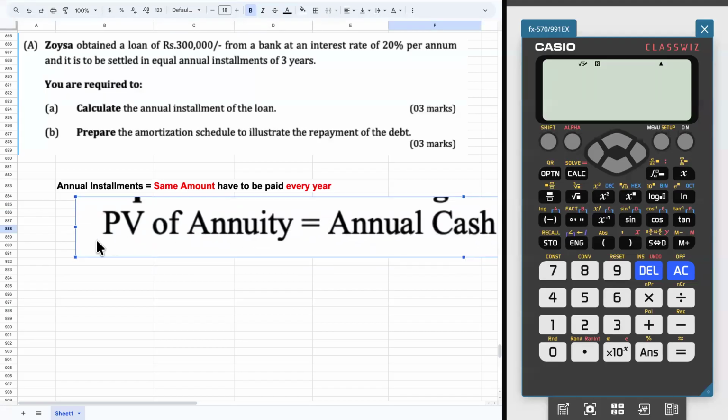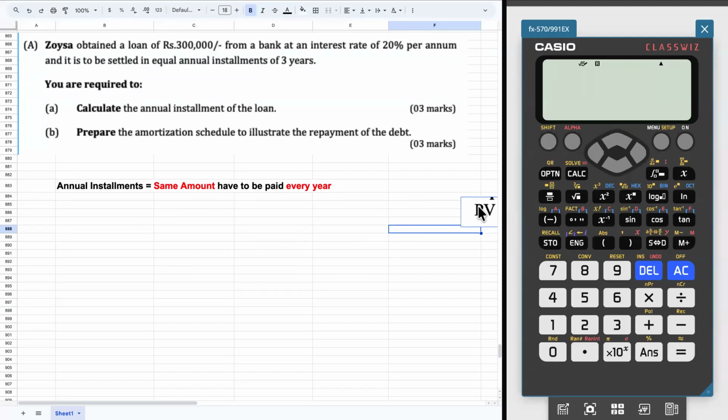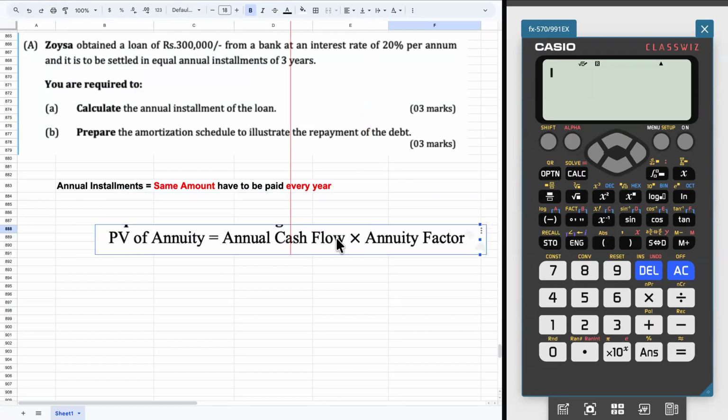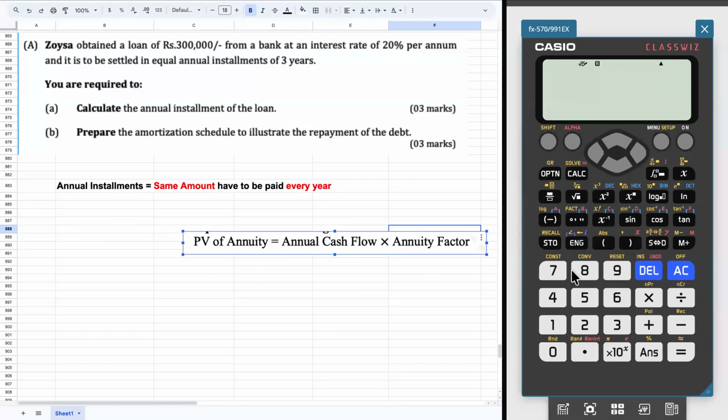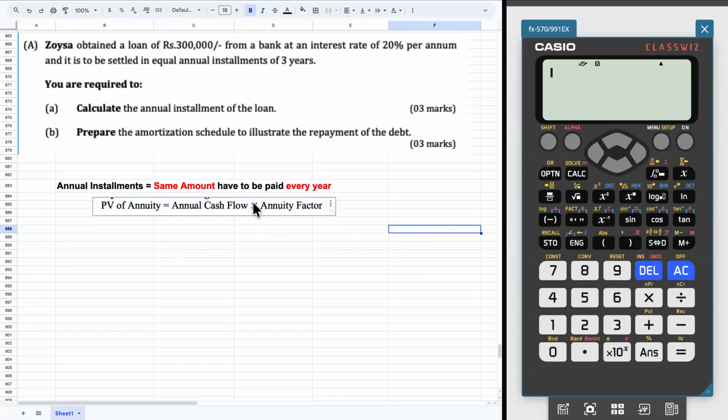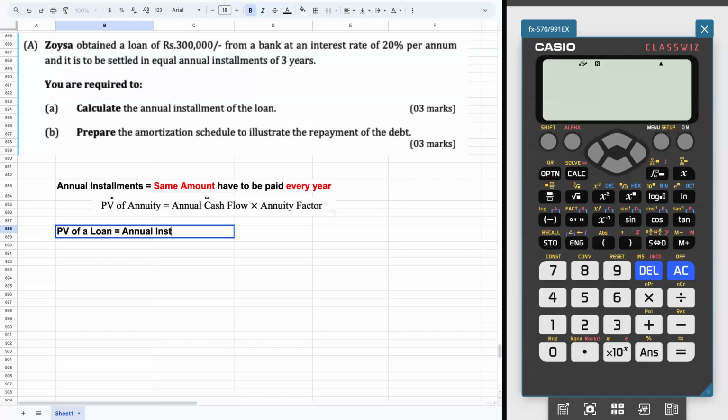Present value means what? Present value means the amount of worth now, right? So this is the annuity related thing. What I can do is modify the formula. The present value of a loan is equal to the annual installment into annuity factor.